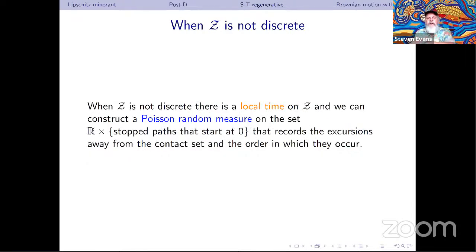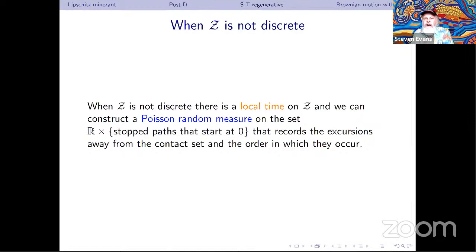Okay, when the contact set Z is not discrete, then we're in the setting that one would have for, say, excursions of Brownian motion away from its zero set, the sort of thing covered by Ito excursion theory.